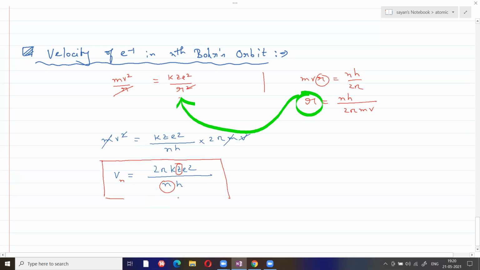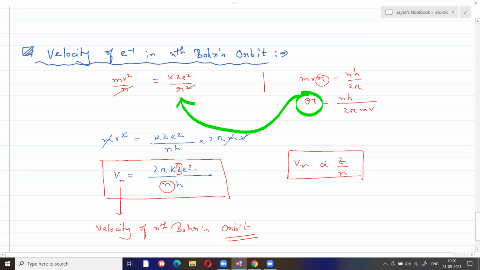where vn is basically velocity of nth Bohr orbit. Okay, so vn value is proportional to z by n, because you know the value of e, you know the value of h, you know pi, k, all the stuff.